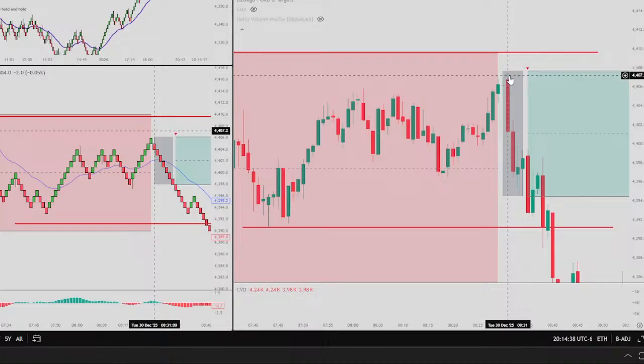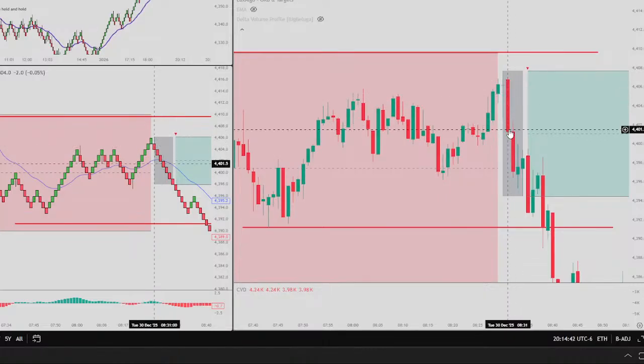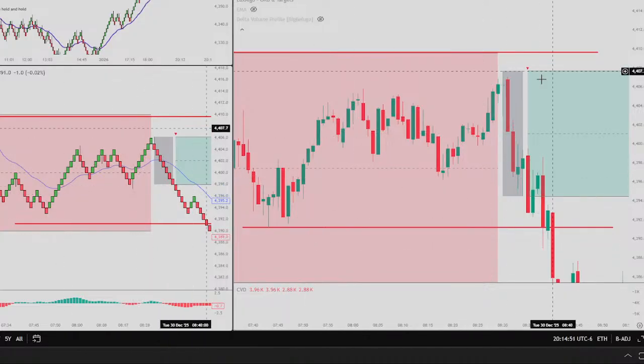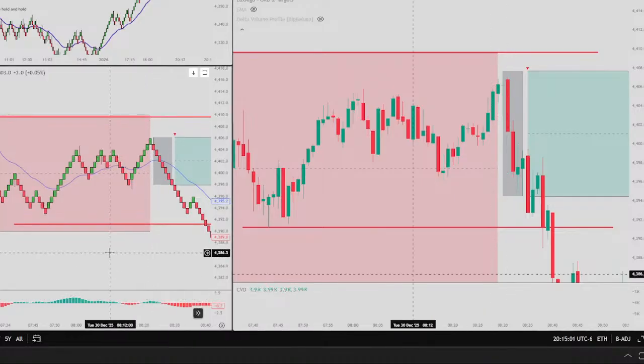And then what happens? You get a power bar down, drops all the way down here, okay? Then you get this one. So as you can see over here, we were green. Again, Renko is being smooth, so I don't know how accurate this is right here.